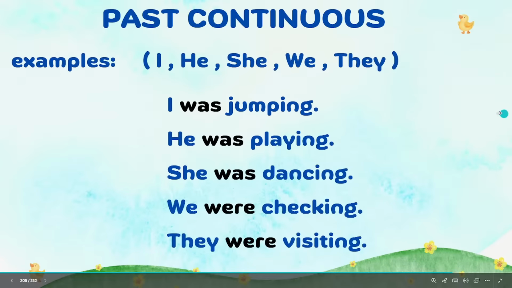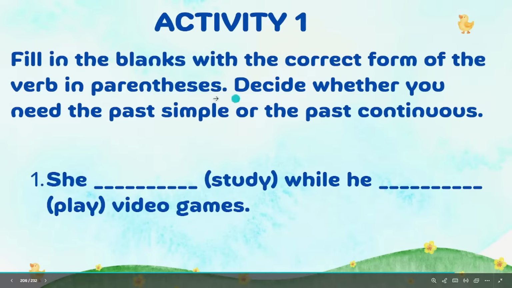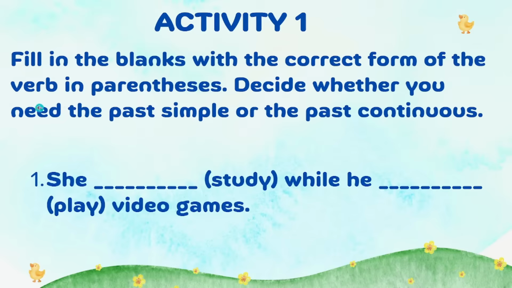And then next, for this activity, you have to fill in the blanks with the correct form of the verb here. It's in the past simple or past continuous. When you say past simple, what are you going to use? It's "was" and "were" only. For past continuous, you will add "ing."